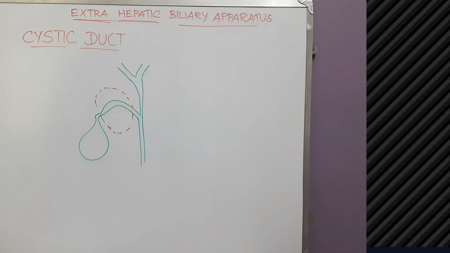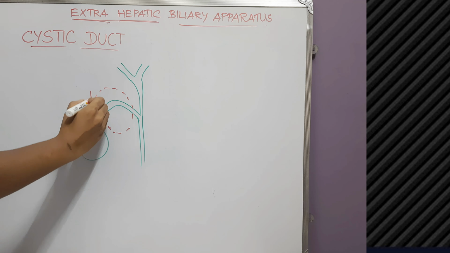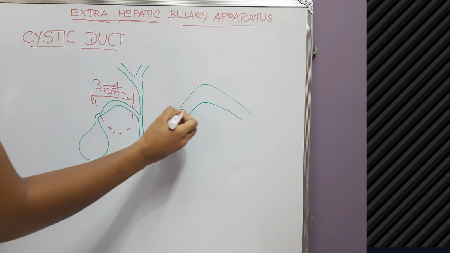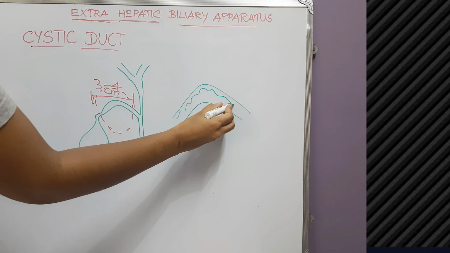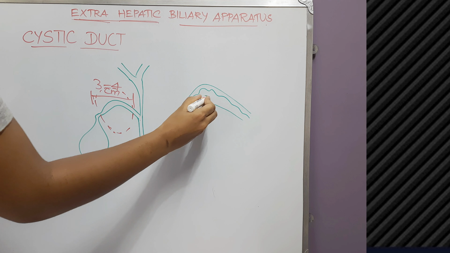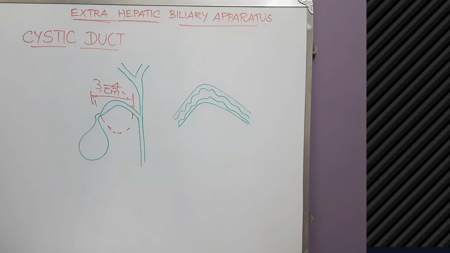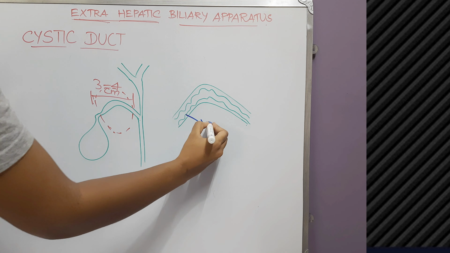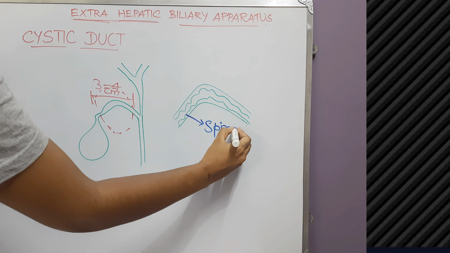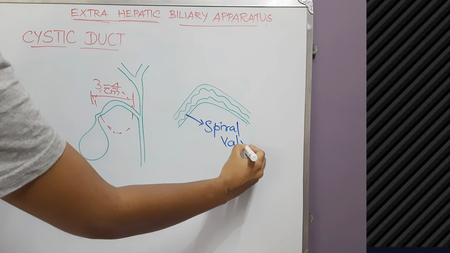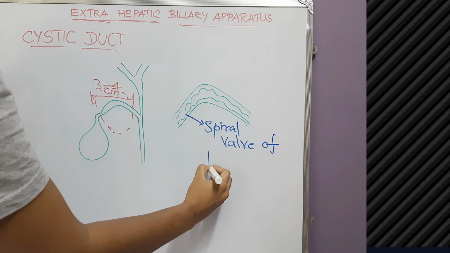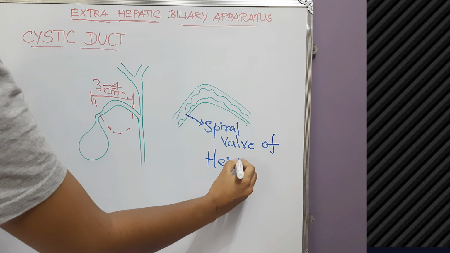The length of the cystic duct is about 3 to 4 centimeter. This is the cystic duct. The lumen of the cystic duct have nearly 5 to 12 serially arranged concentric folds. These folds are called spiral valve of Heister.